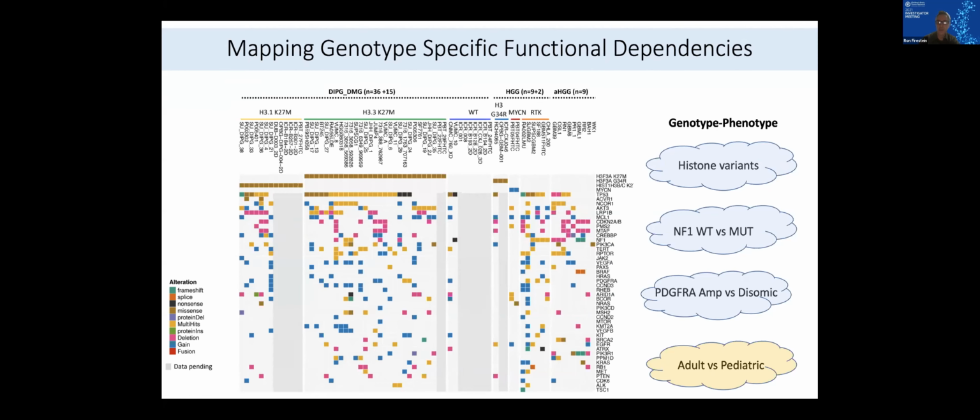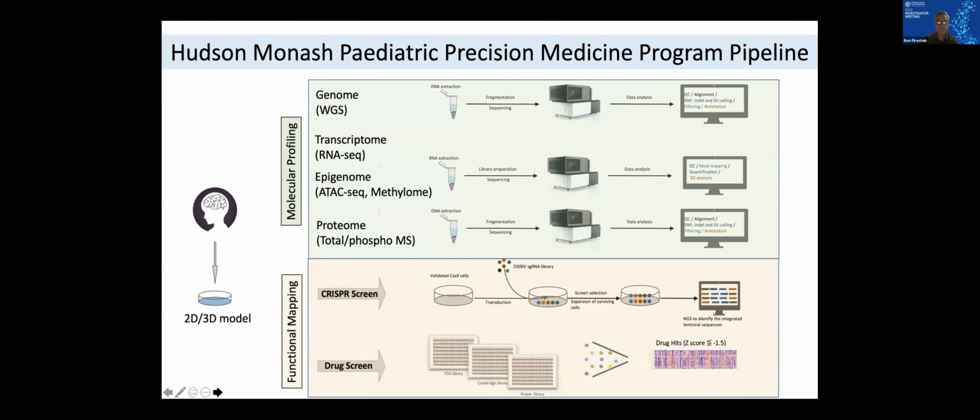This allows us to look across these different subtypes and ask which drugs or which genetic knockouts might be particularly impactful in specific histone variant gliomas, additional accessory mutations such as PIK3CA and NF1, across amplified genes, or even across different lineages such as adult gliomas versus pediatric.